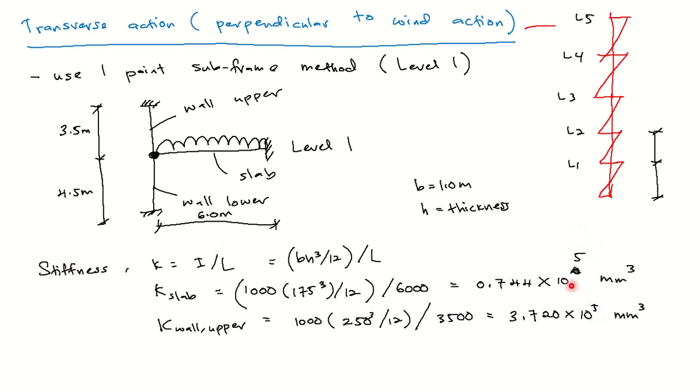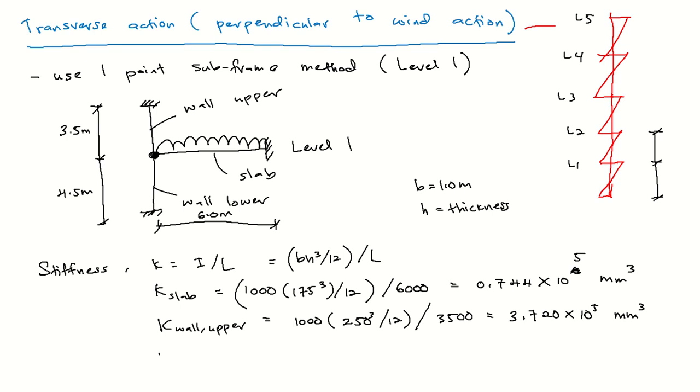Otherwise you have to take all the times 10 power 4 and times 10 power 5 together in the calculation later. But I'll show you later what I meant by that statement.